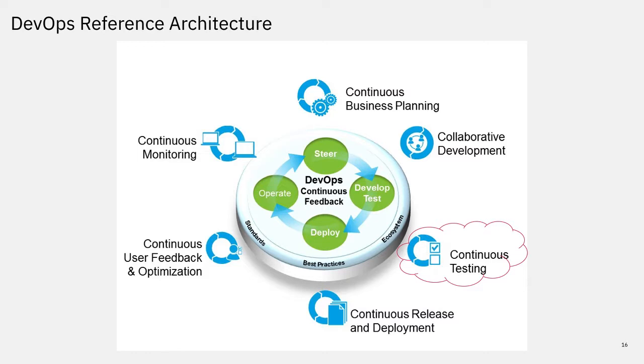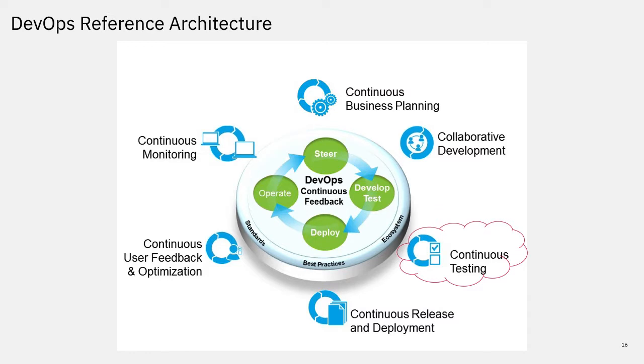So we'll start with business planning, and then we get into the development and test cycle, and then the next phase is the release and deployment, and then we continuously monitor, we take the feedback for optimization, and then we incorporate that into the business planning, and the cycle continues.